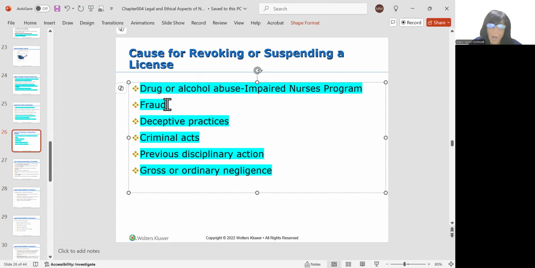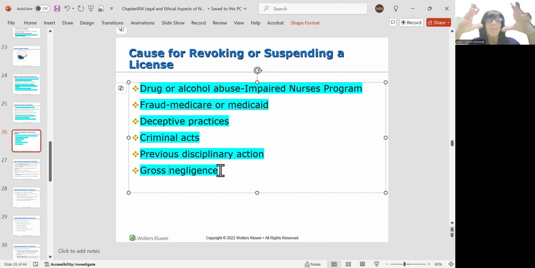Any kind of fraud, that is Medicare or Medicaid fraud, would immediately preclude you. Deceptive practices, certain criminal acts, previous disciplinary actions, if it's warranted. And any gross negligence, I'm not going to say ordinary negligence, gross negligence. In other words, you not doing the right thing by your patient.